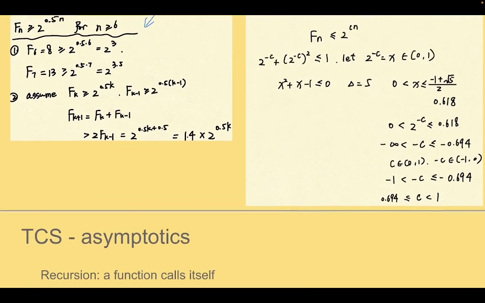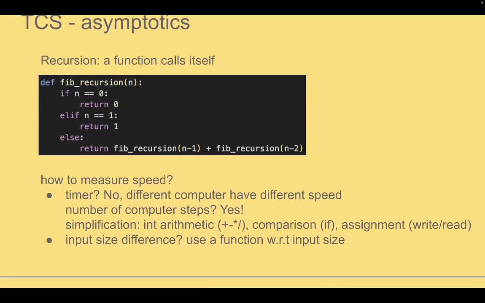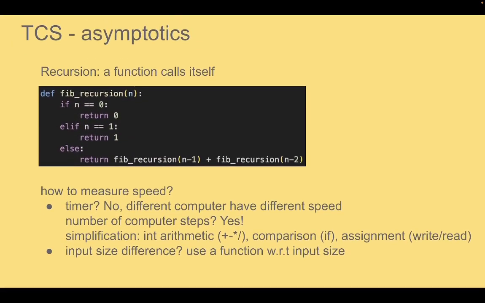After that, I'm going to introduce a very important notion called recursion. It's a function that calls itself. Here is the definition of the function, and it calls itself inside the function, right? So this is recursion.